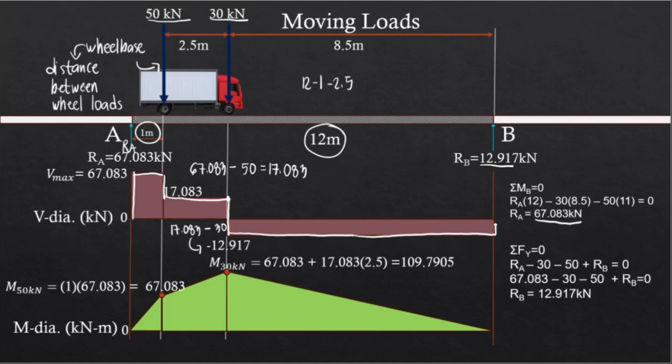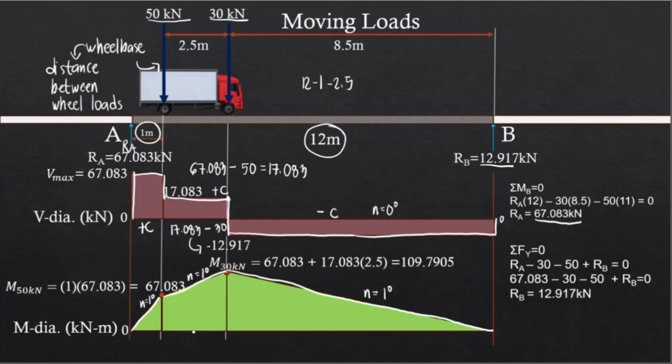And so we move back to 0. Now for the moment diagram, this is positive constant, this is also positive constant, while this is negative constant. And so that's why here we have an ascending line, and then here we also have an ascending line, while at this span, we have a descending line, which goes down until it reaches 0. By the way, the degree of these curves is 1 degree, because again, these are constants, so its degree will be 0, and then plus 1 for the moment diagram, we have 1 degree.